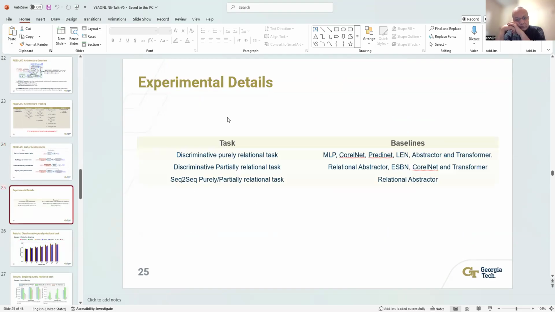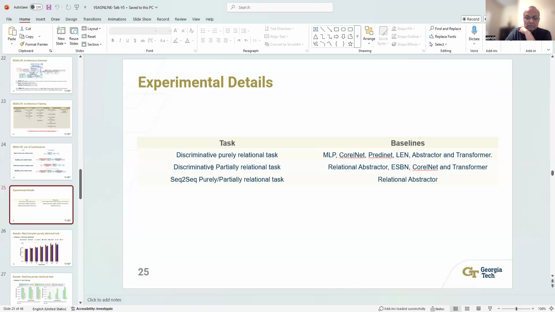Here we present the baselines we used to assess our model. For the discriminative purely relational task, we compare the ReSolve against MLP, CoRelNet, PrediNet, the LEN, which is a neurosymbolic architecture, the abstractor, and the transformer.